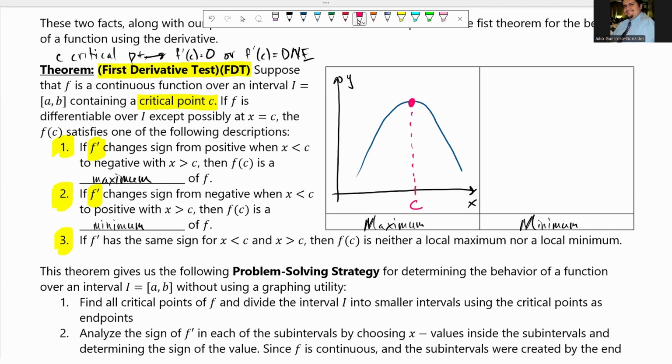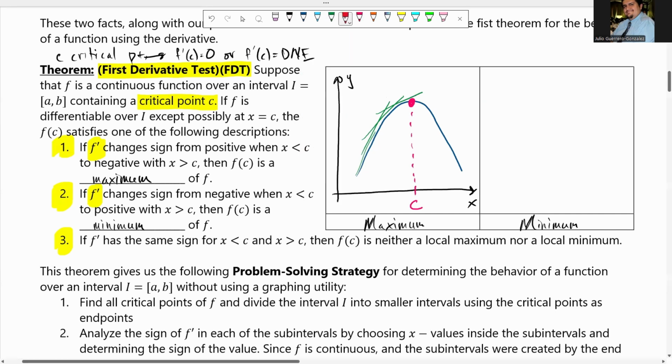Notice what happens with the slopes before and after c. So before c, I'm going to do a bunch of tangent lines here. All of these slopes are positive, and they're getting smaller, flatter and flatter.